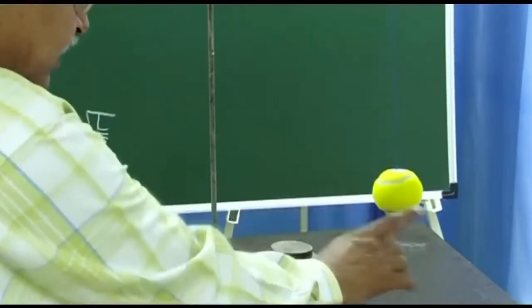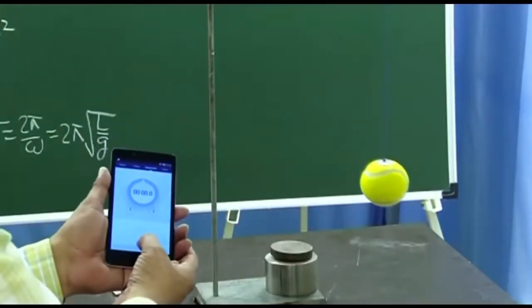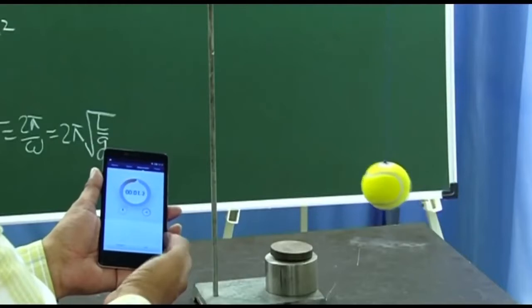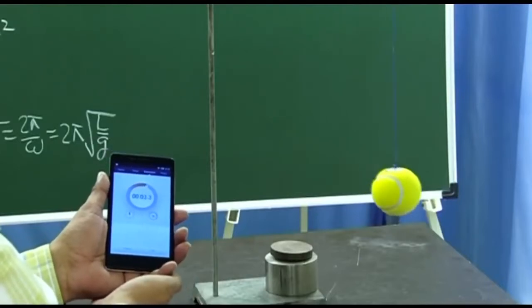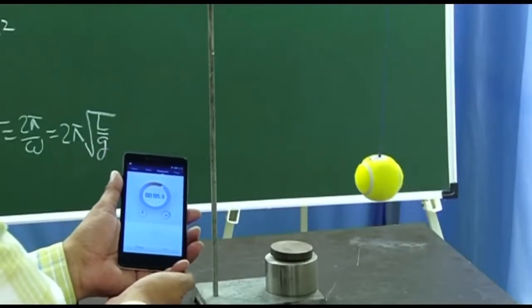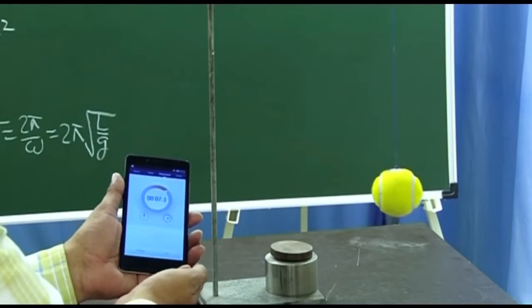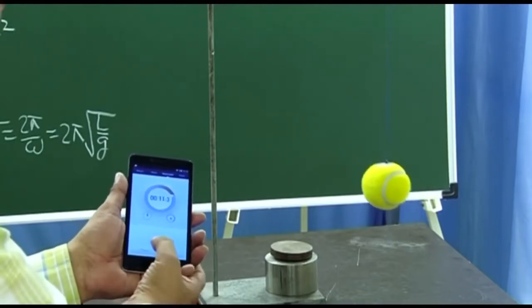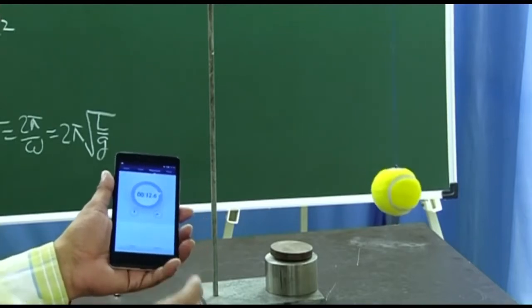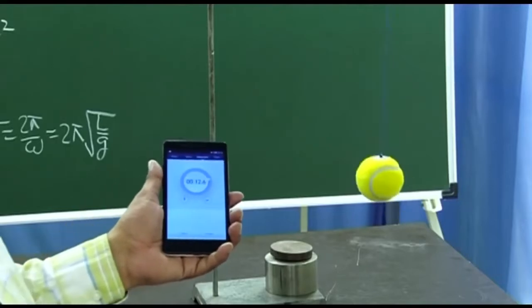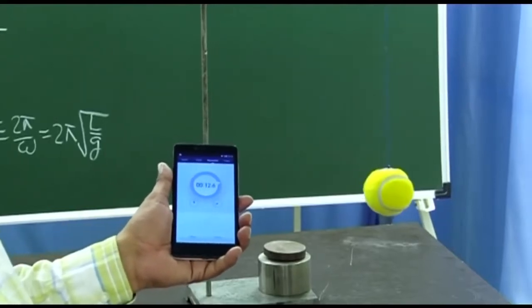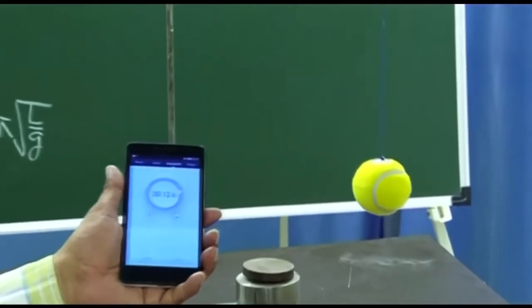When it comes to this side, I will start the stopwatch. 1, 2, 3, 4, 5, 6, 7, 8, 9, 10. So, in 10 oscillations, it took 12.6 seconds.